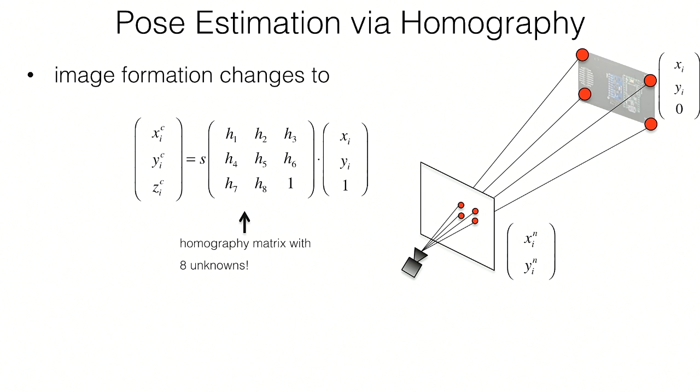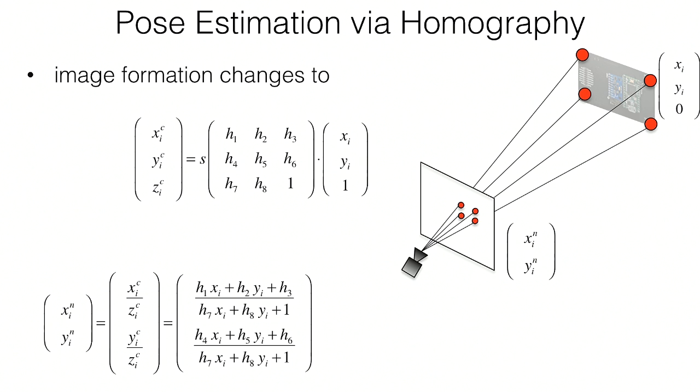Here we're going to write this out again. We have our values x, y, and z was 0. We have the 3x3 homography matrix with 8 unknown elements, and we actually measured the xy projections. This is again the perspective divide. We know x_n, y_n.